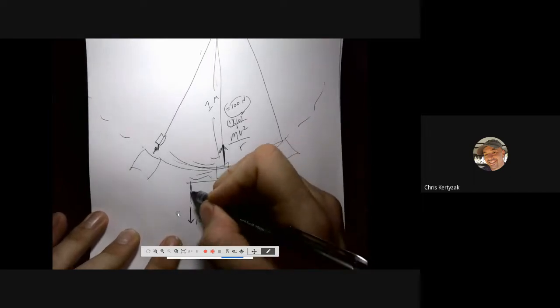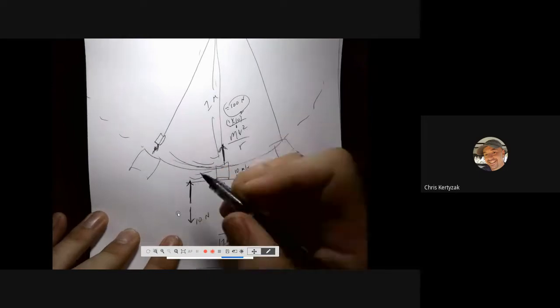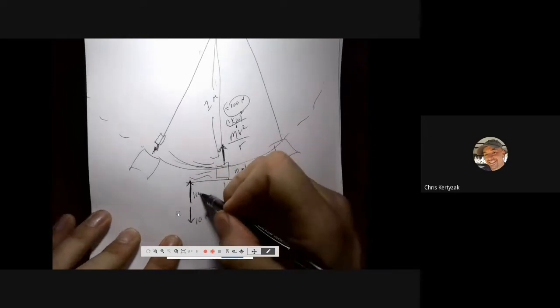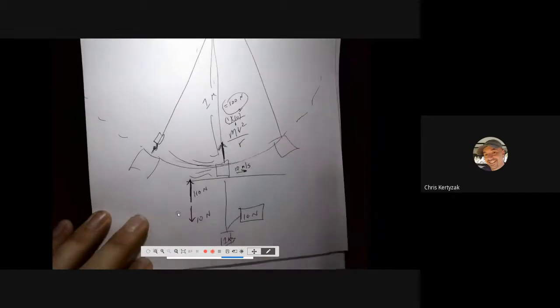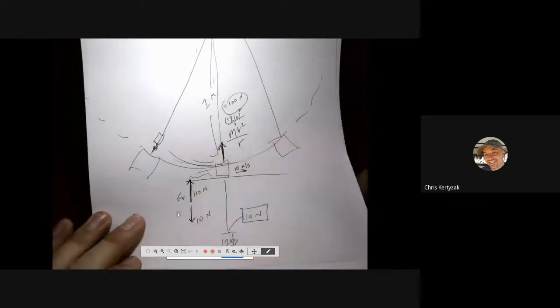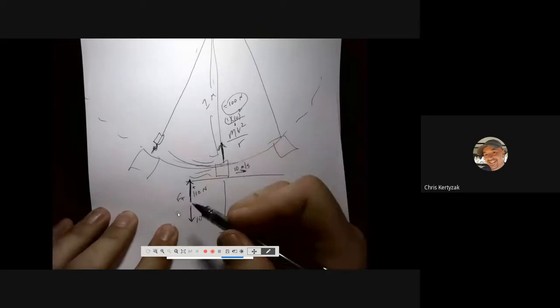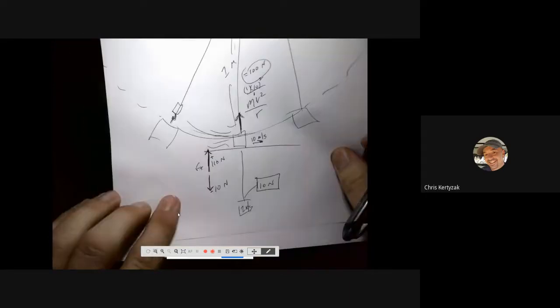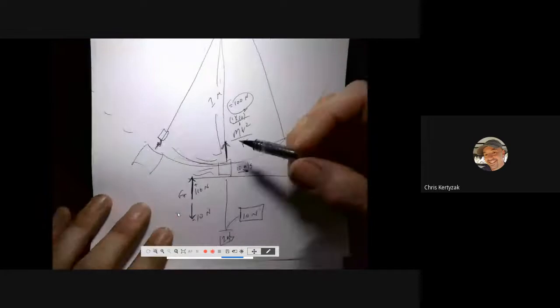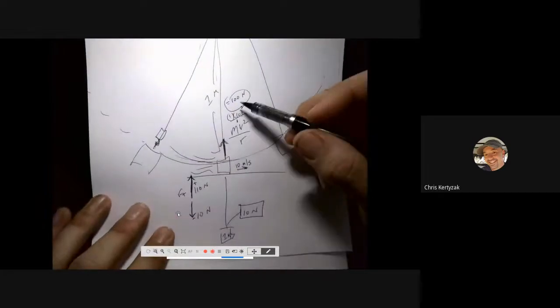That means this amount would have to be 110 newtons, and that's the tension. The tension in the rope would have to be 110 newtons. Subtracting away gravity, which is 10 newtons, provides us with a net force of 100 newtons.